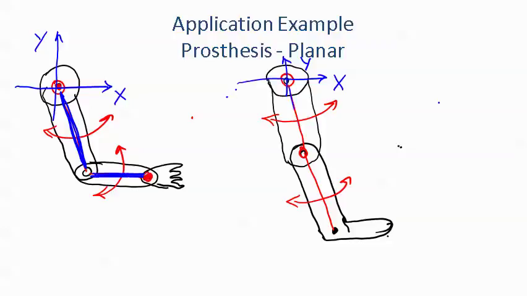The same with the lower limb prosthesis. We have a two-link robot. So let us now take this physical system, which is a prosthesis, and try to analyze it as a two-link robot.